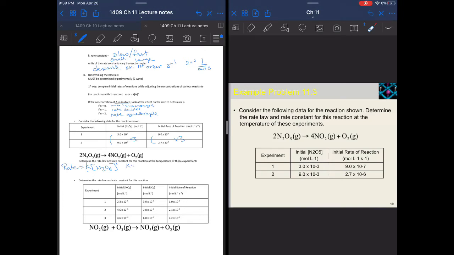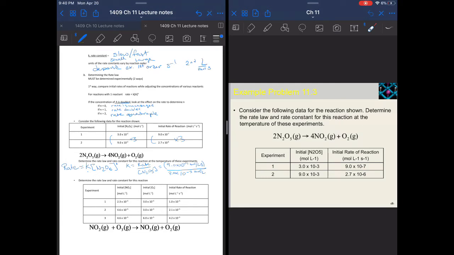All right, so K is going to equal the rate divided by the concentration, which is going to be, let's say I'm going to do experiment 1, 9.0 times 10 to the negative 7th, and that's moles per liter per second, divided by 3.0 times 10 to the negative 3rd moles per liter.